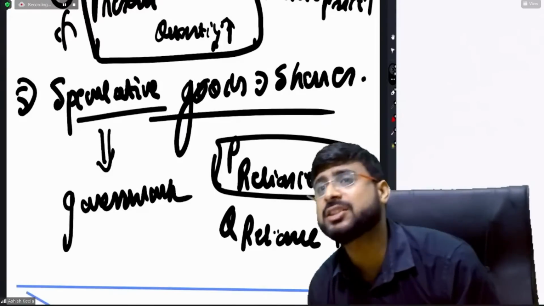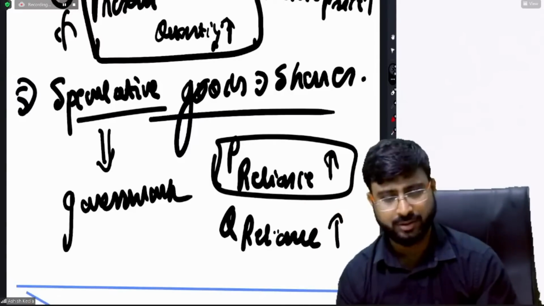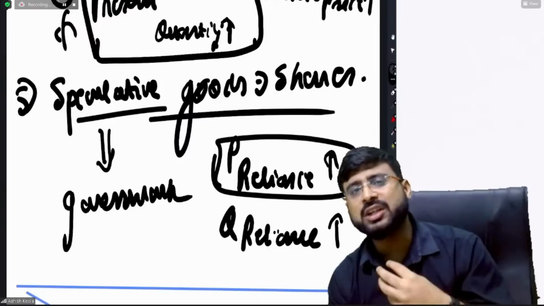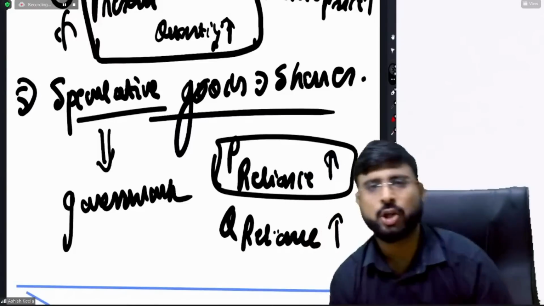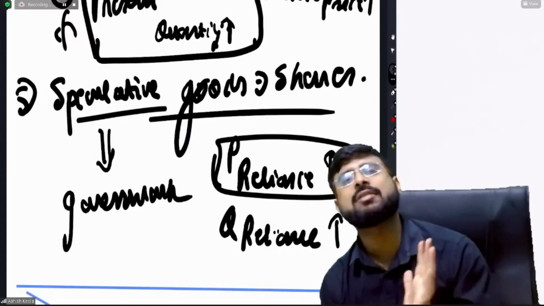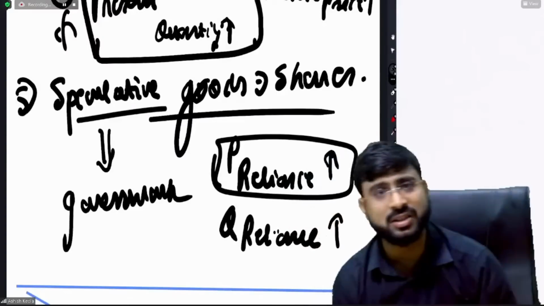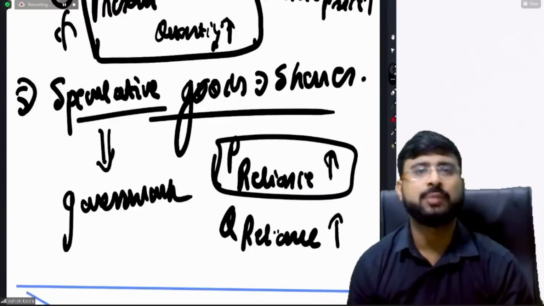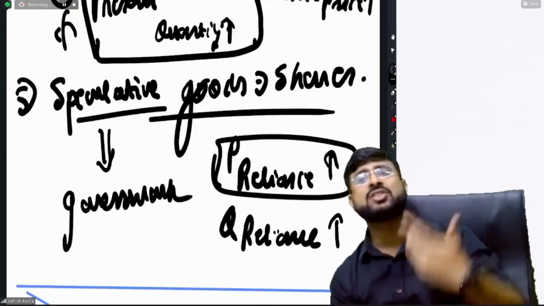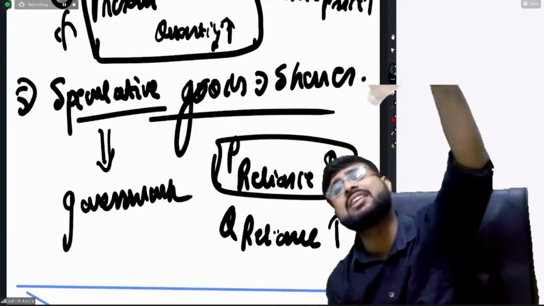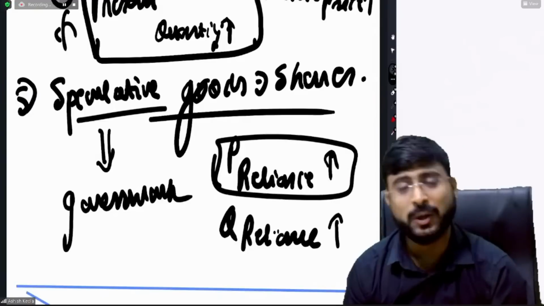Why? Because I think the price will further go up, so I can take advantage of the rising prices. It may be a calculated one, but a guesswork is involved. So despite the rising price, you are still raising the demand because you think the prices are going to rise further. You are buying at a high price and want to sell later at an even higher price. Speculative goods.